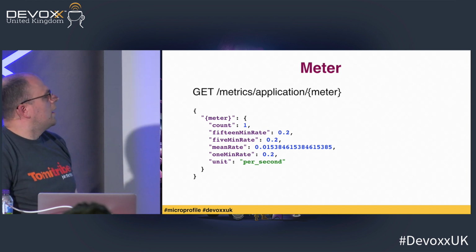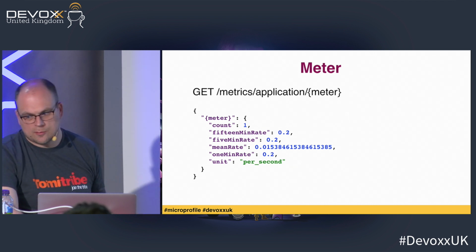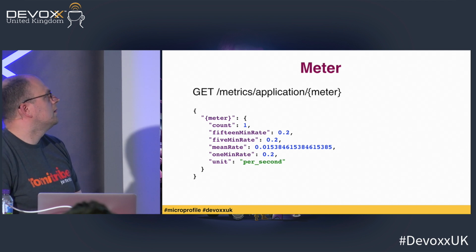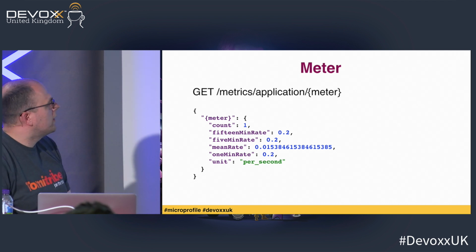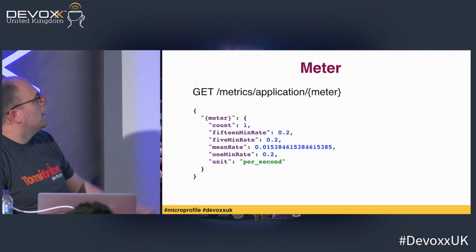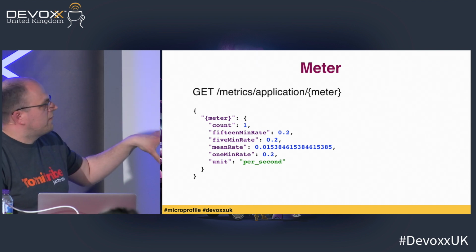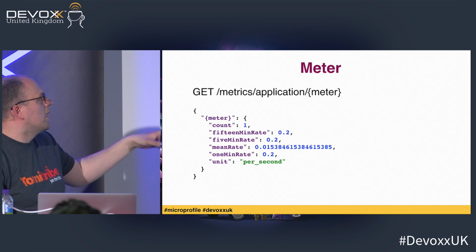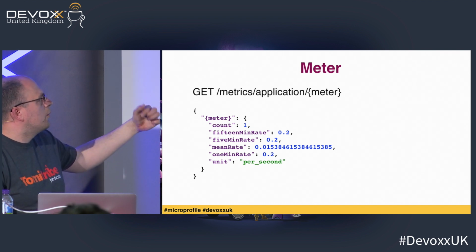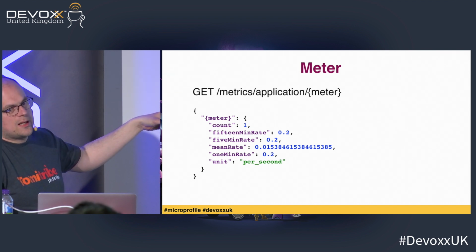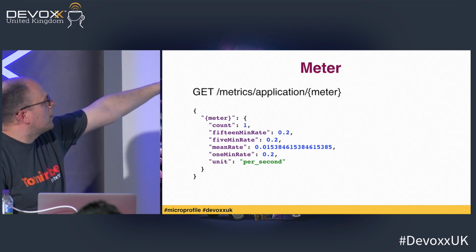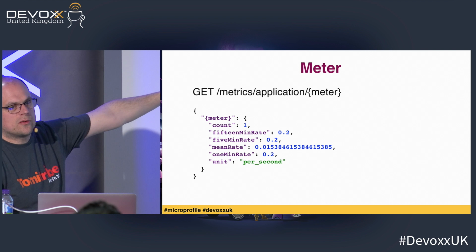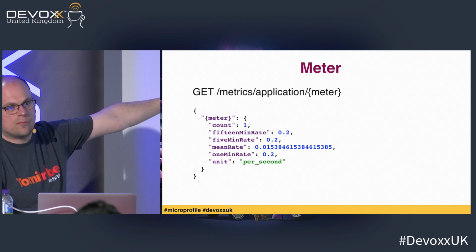Okay, I'm conscious that I'm going over a little bit, so I'll just run through some of these on the slides, to give you a flavor for the different metrics themselves. With the meter, we track the request rate broken down into different periods, so we can see how this is changing over time.